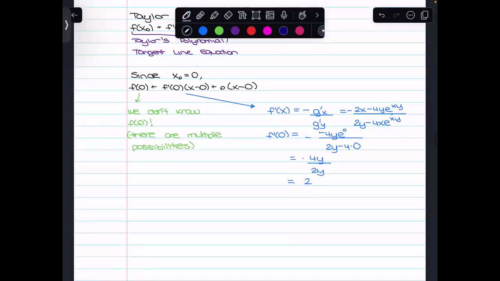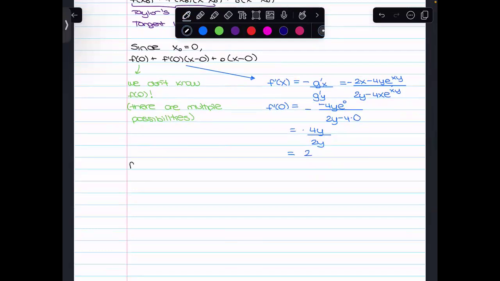So then if we plug that in, we have f of 0, which again we have to leave as it is. And then for the other part, we have 2 times x minus 0, so that's just going to be 2 times x, plus little o of x.